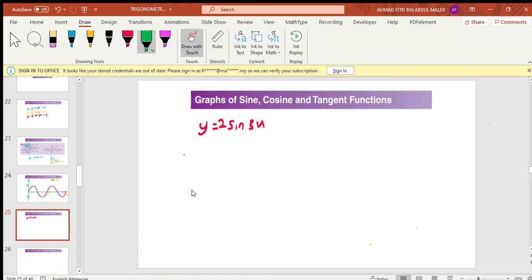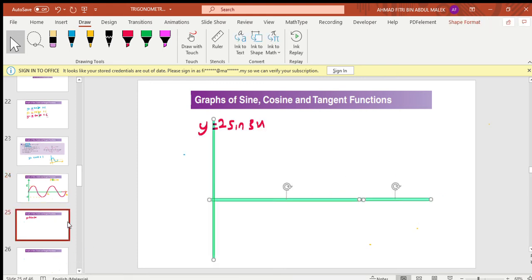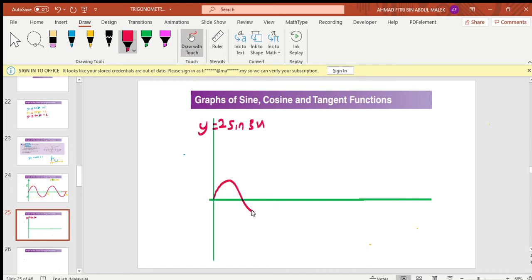Then I just copy the axis here. Sine 3x means that I need to have 3 cycles.